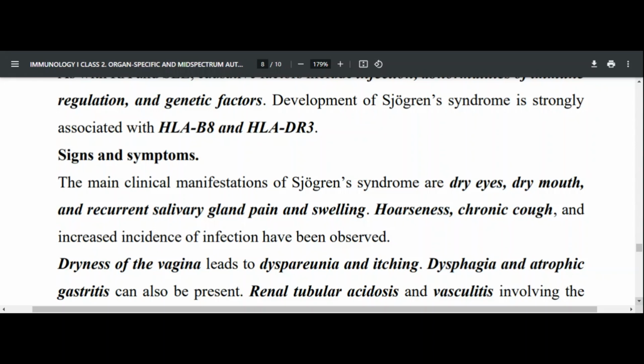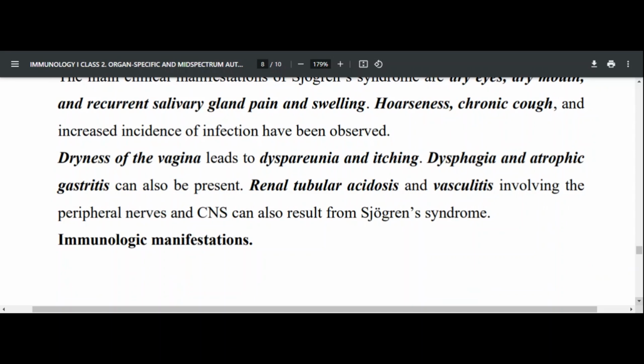Another thing that happens is dryness of the vagina, which leads to dyspareunia and itching. Dyspareunia is pain after sex, and itching is common. Dysphagia and atrophic gastritis can also be present. Renal tubular acidosis and vasculitis involving the peripheral nerves and central nervous system can also result from Sjogren syndrome.